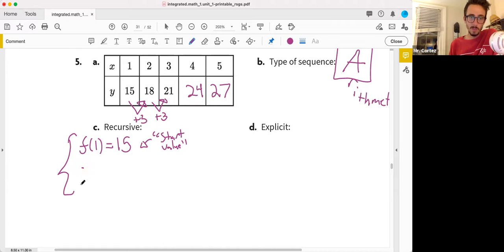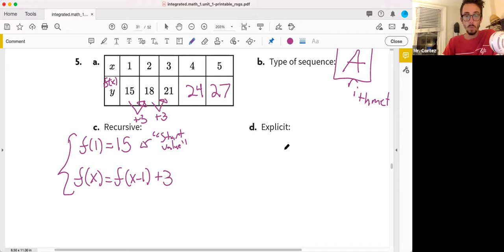How's this continuing? So notice, this is y, this is x. If I call this f of x, I hope you're okay with that. So f of x equals previous f of x minus 1, plus 3. 1-2 punch, easy enough.